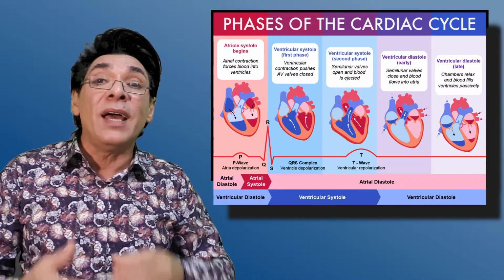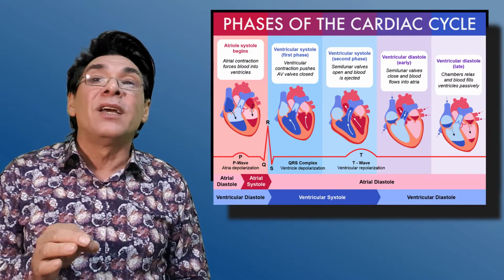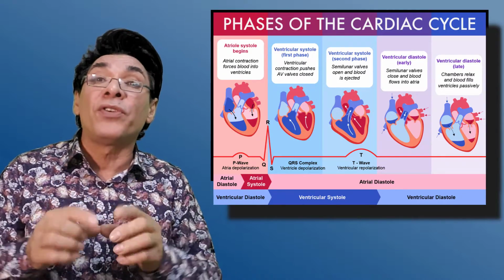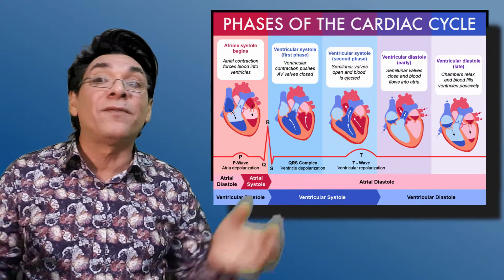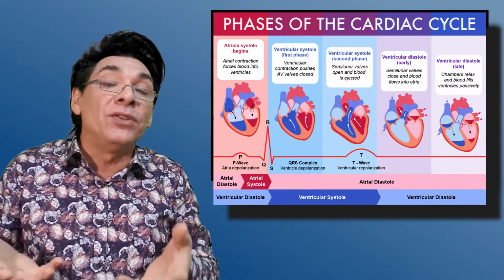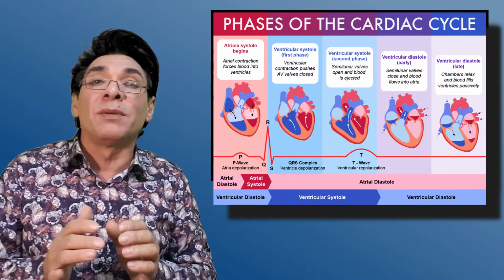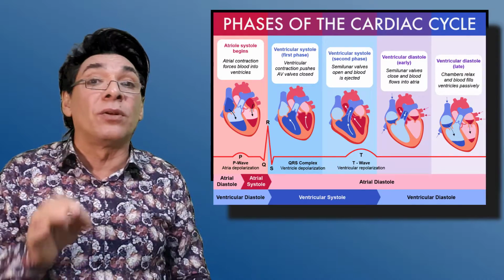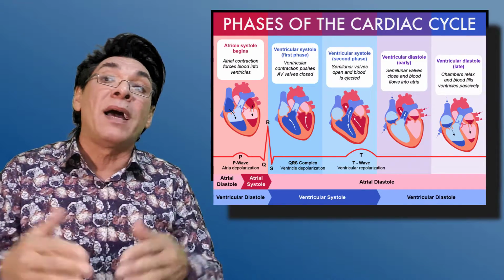The two atrioventricular valves, the tricuspid and mitral valves, are both open, so blood flows unimpeded from the atria into the ventricles. Approximately 70 to 80% of ventricular filling occurs by this method.